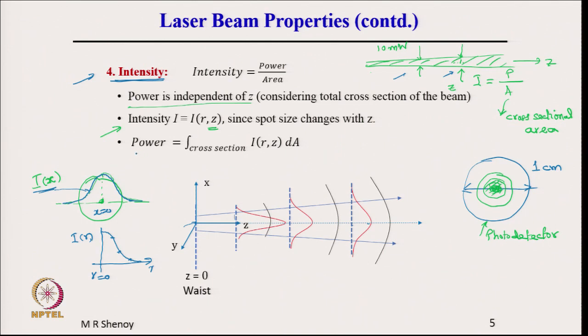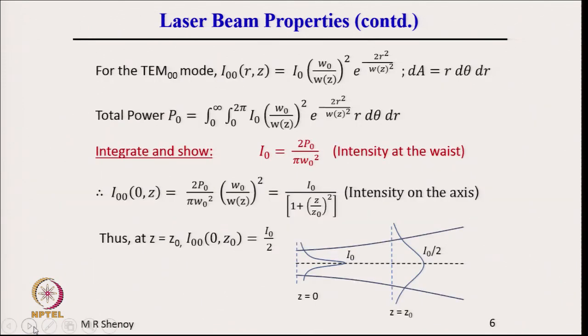Total power is the intensity integrated over the entire cross section. So, I of r, z into dA gives us the total power P, and intensity is a function of r and z. With this picture, let us make a calculation.